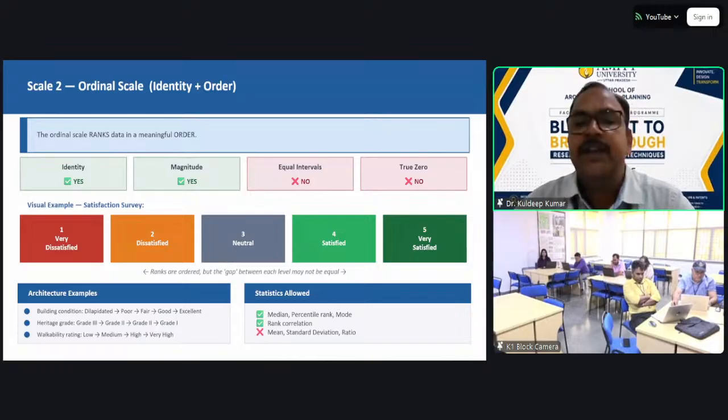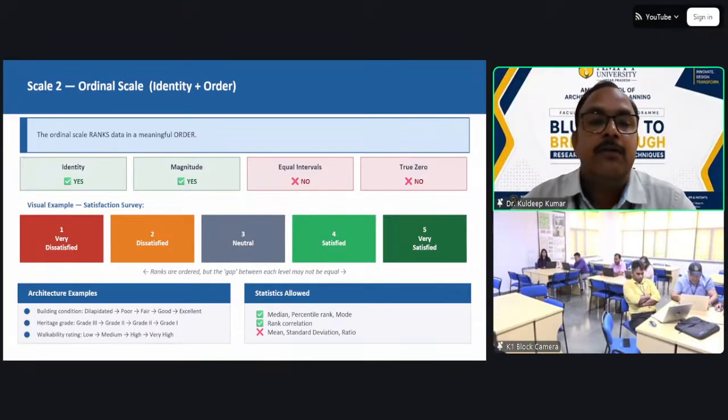If we look at examples of the ordinal scale, like building conditions, the condition is excellent, or it is dilapidated. And maybe in heritage grading, grade 1 is more significant than grade 2, but the cultural distance between them may not be quantifiable in equal steps.